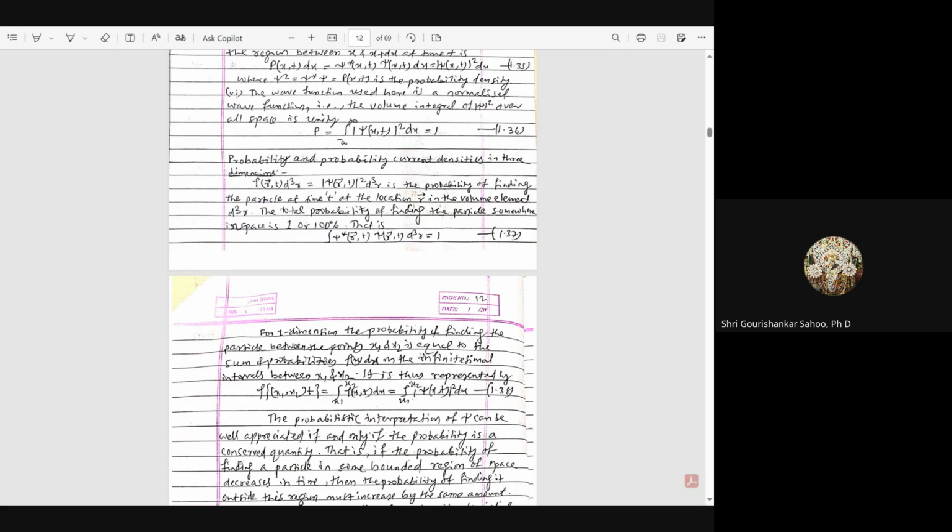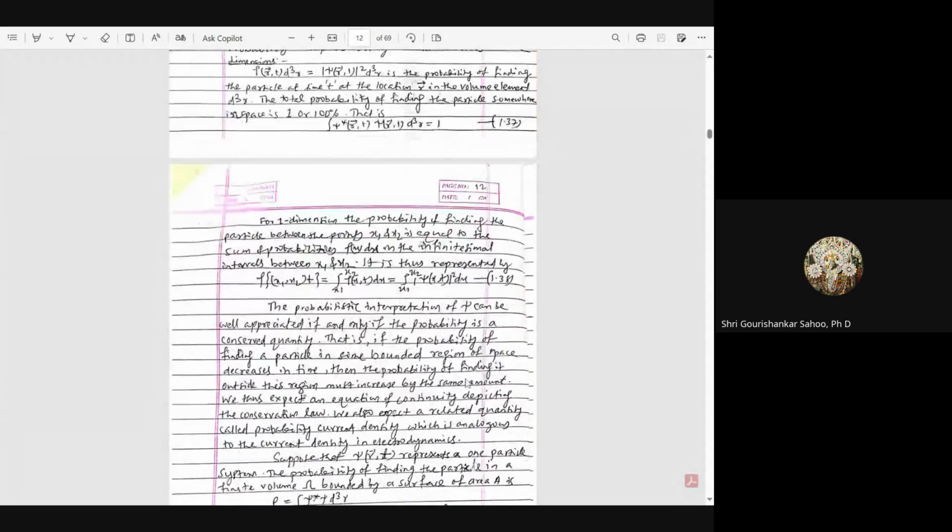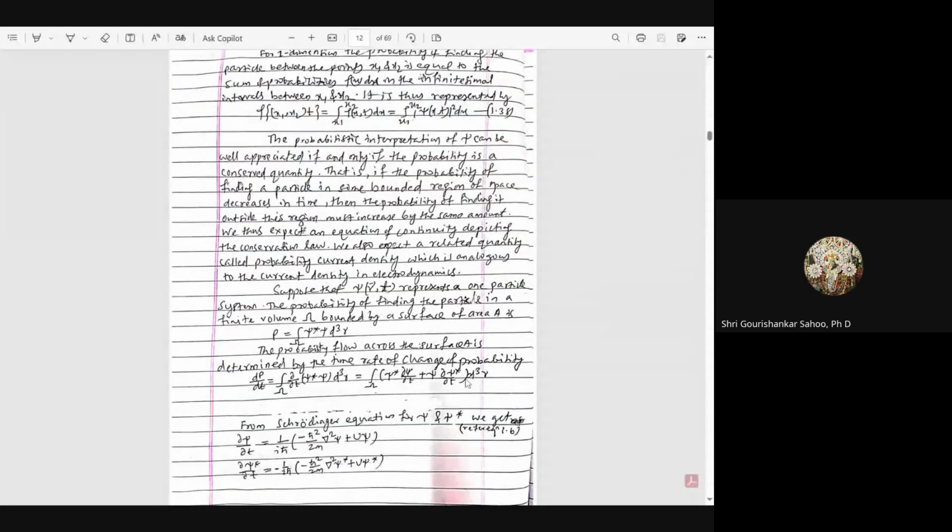For 1 dimension, the probability of finding the particle between points x1 and x2 is equal to the sum of probabilities rho dx in infinitesimal intervals between x1 and x2. It is thus represented by P(x1, x2, t), which is equal to the integral from x1 to x2 of rho dx, equal to the integral from x1 to x2 of modulus psi square dx.